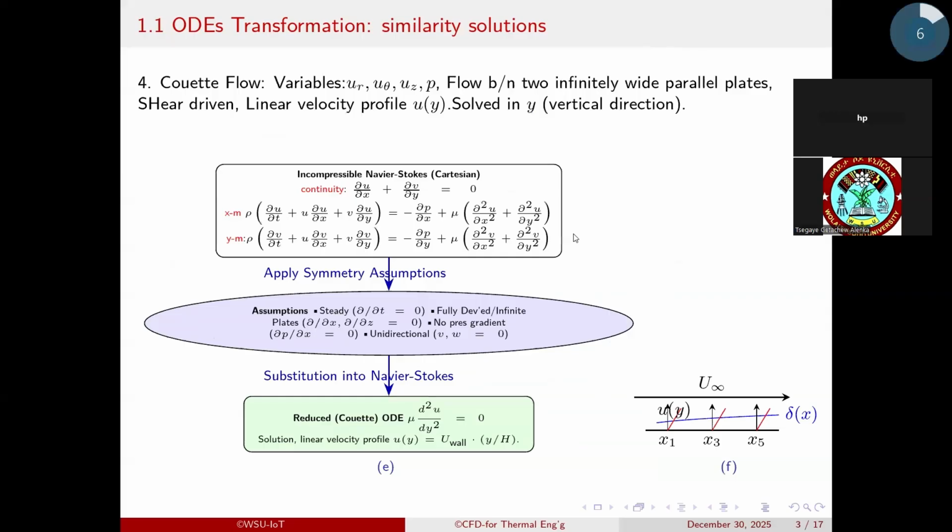where the motion of one plate relative to the other drives the flow. Assumptions in this circumstance are steady, fully developed flow, with no spatial flow gradients in the z direction and x direction.